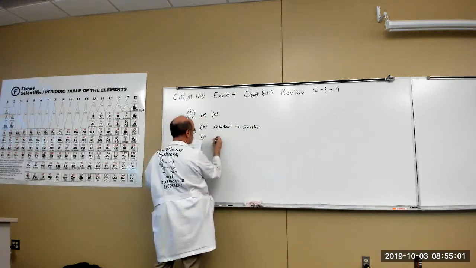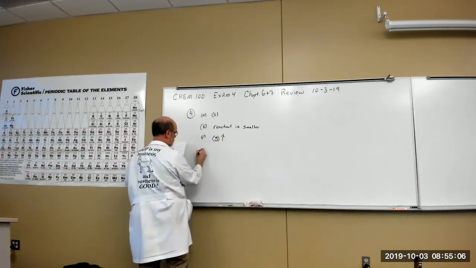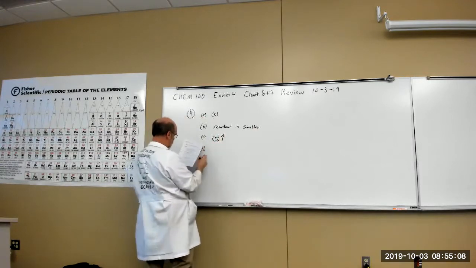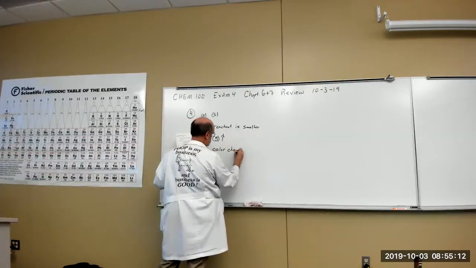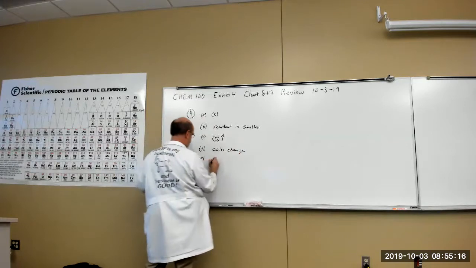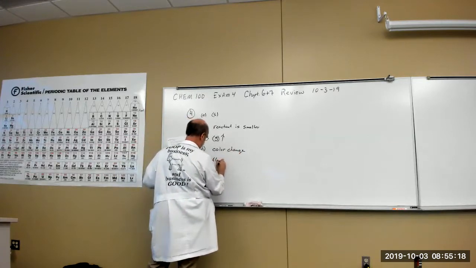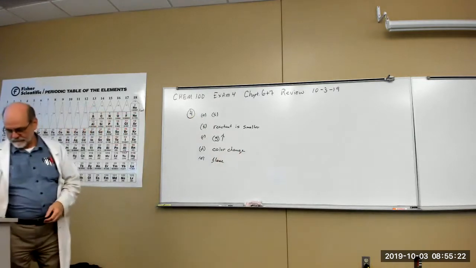C choice is bubbles, gas forms. D is color change. And E is flame.